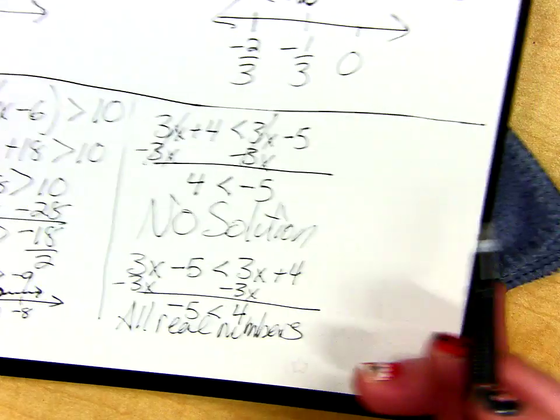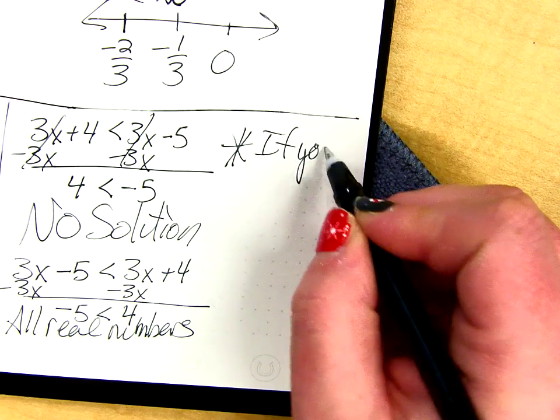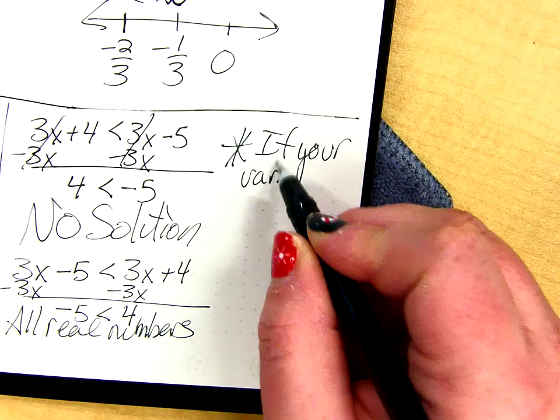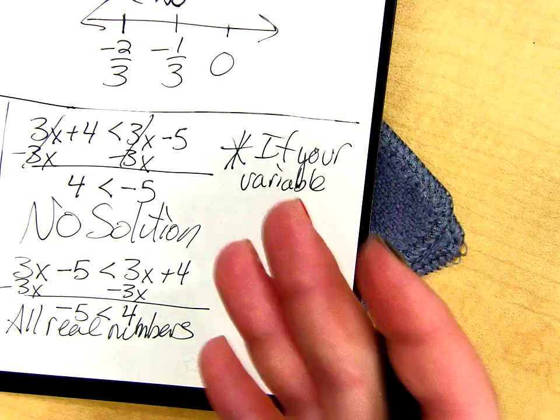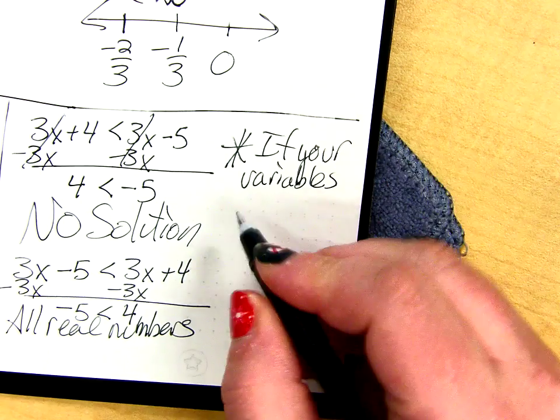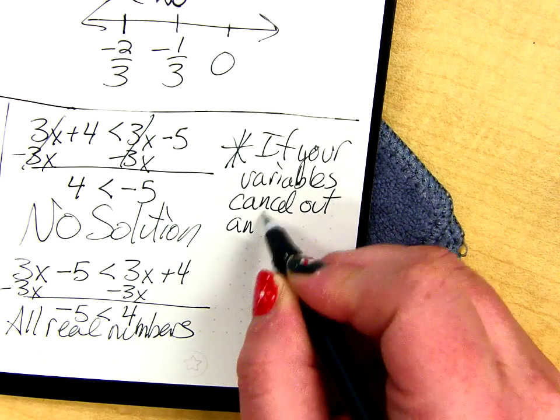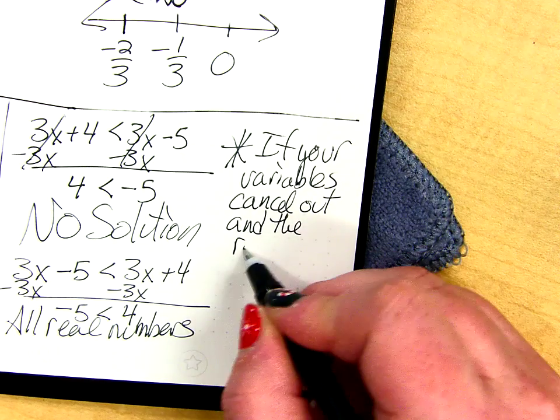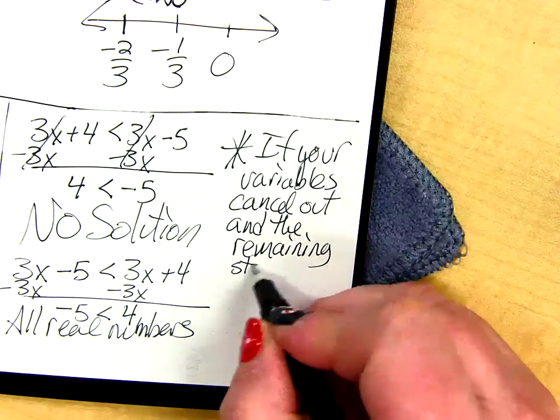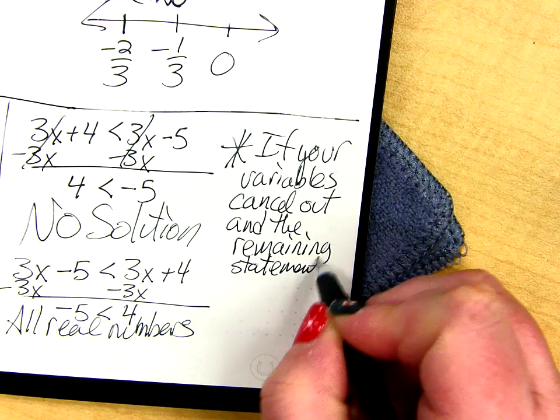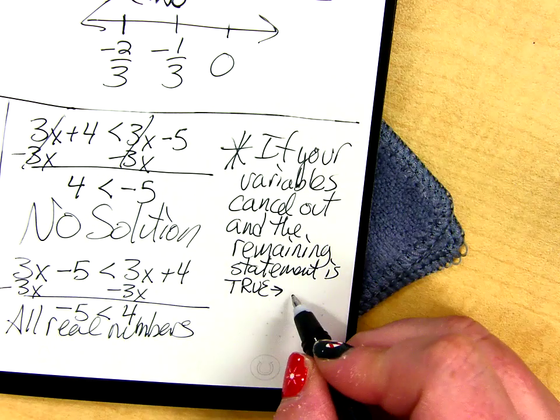So, let's put a little star here. If your variables cancel out, most of the time this doesn't happen. Most of the time you solve for x just like normal, but on a random occasion, if your variables cancel out and the remaining statement is true, that means your answer is all real numbers.